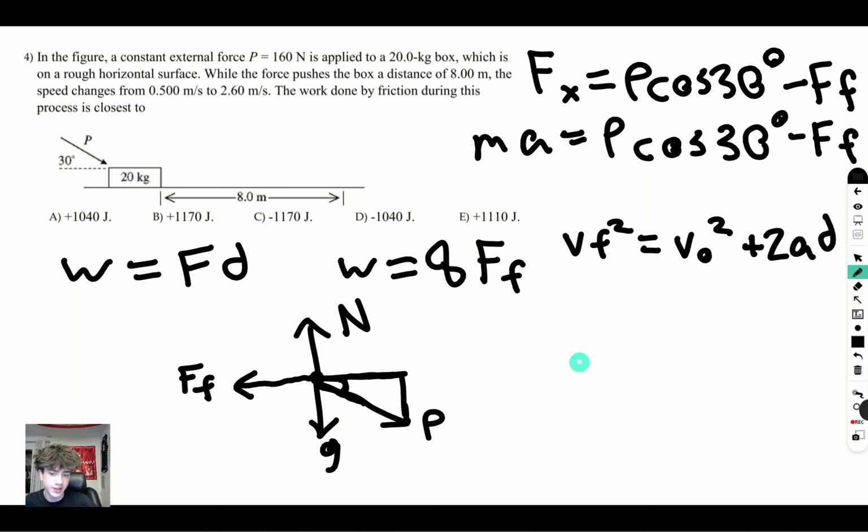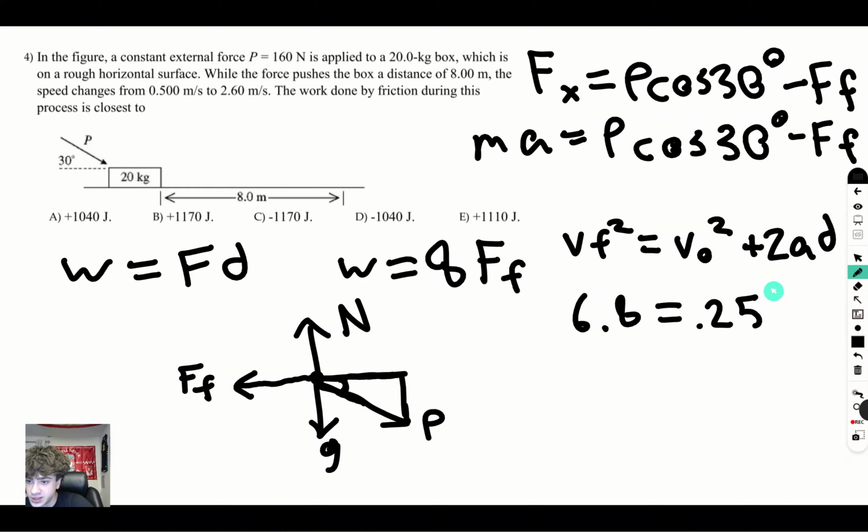So let's pull out our calculators so we can find 2.6 squared. Alright, using two sig figs, we get a value of around 6.8. We know that our v initial squared is 0.5 squared, which will simply be 0.25.